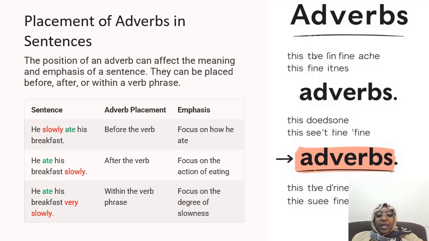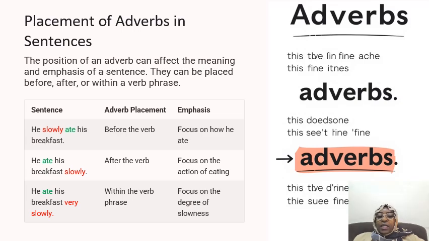Now, let's see the placement of adverbs in sentences. How can we put the adverbs in sentences? The position of an adverb can affect the meaning and emphasis of a sentence.